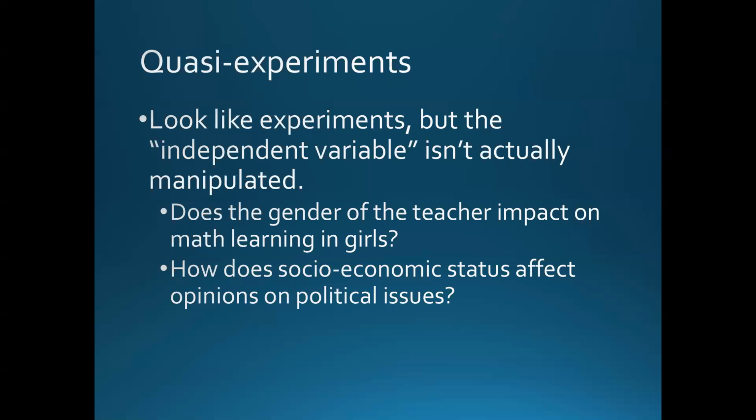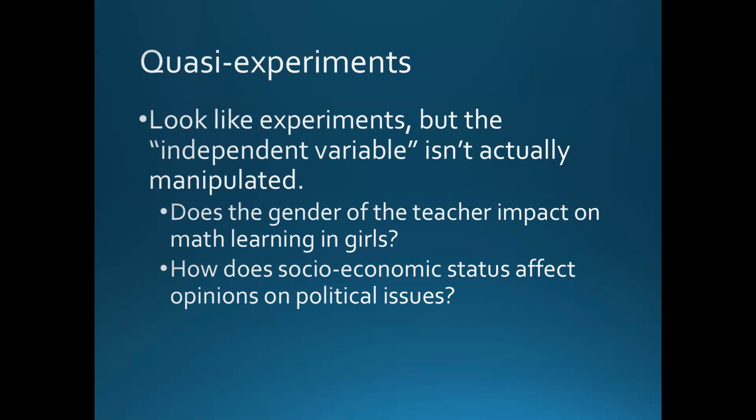Here's another one. How does socioeconomic status affect opinions on political issues? I could definitely do this study, right? I could assess your income or where you think you are on the social status ladder. And I could see what your viewpoint on different political issues are. But can I affect someone's socioeconomic status realistically? No, right?